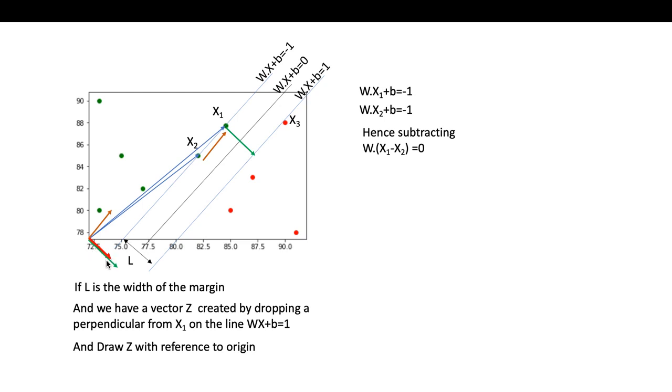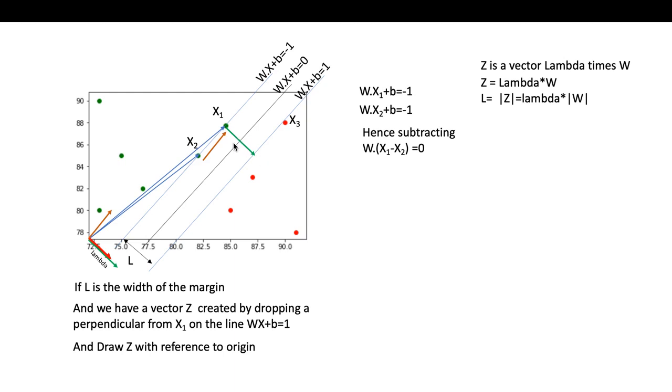However, we can represent the Z vector as some multiplier of the W vector. Let us consider that multiplier as lambda. Then we can say Z is lambda times W, right? Then the length of Z is actually the width between these two lines.